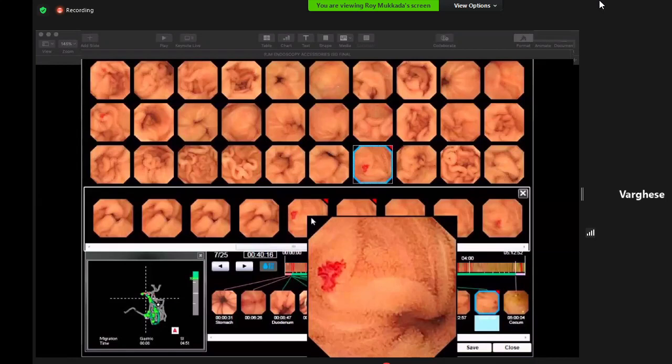Can you use it for colon? Capsule colonoscopy, video capsule colonoscopy, is it available or is it my imagination? It is available, but much less used because the success rate is not as high as in the case of small bowel endoscopy.